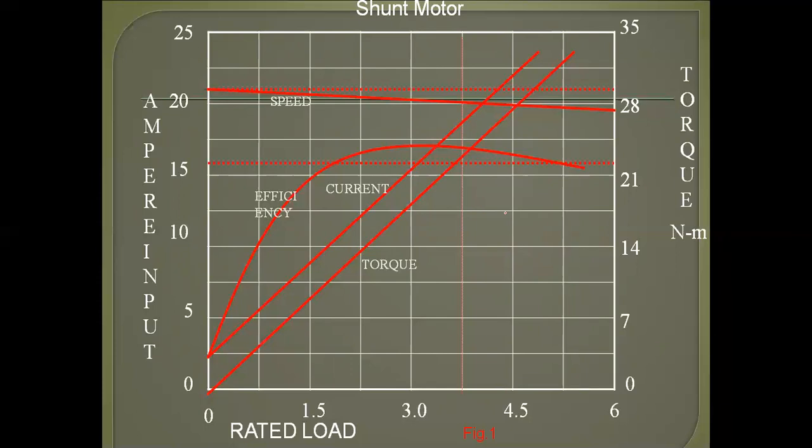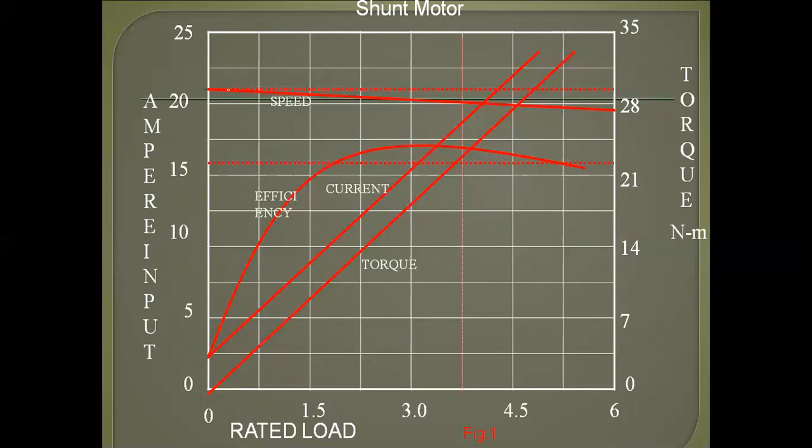From the speed equation, the speed N is directly proportional to the back EMF Eb, or speed is proportional to V minus IaRa, replacing back EMF with V minus IaRa, and inversely proportional to the flux.